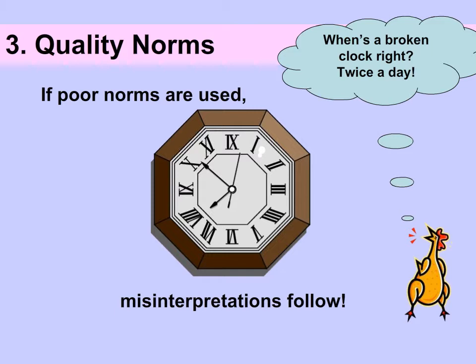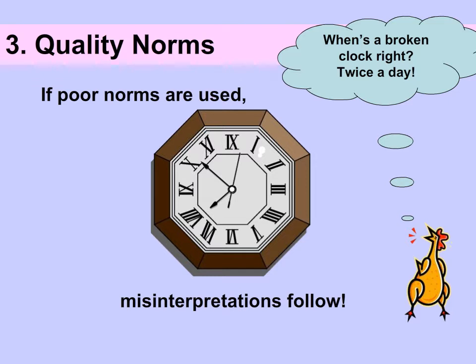In our next lesson, we will examine the Dial 3 norms to help you see norming in action. But remember, if the norms are poor, we should not use the test instrument because the results will be skewed and misinterpretations will follow, which lead to incorrect or poor decisions for a student.